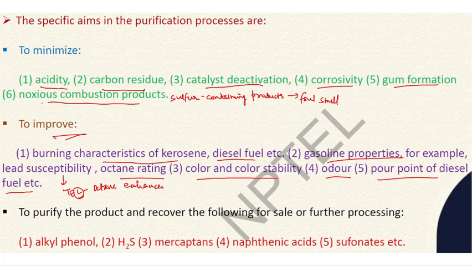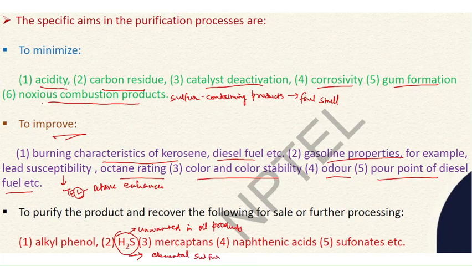But after removing them, these can be converted or recovered into much more useful products. For example, this H2S, hydrogen sulfide gas, is unwanted in our oil products, but it can be sent to an H2S recovery plant to get elemental sulfur, which is very useful.